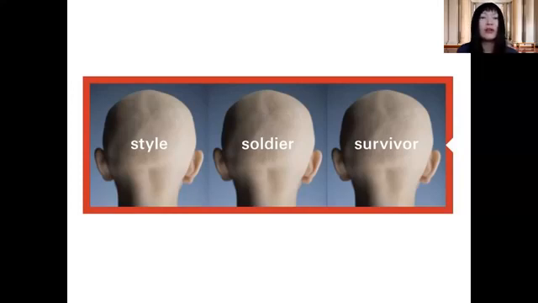For example, the first head could represent a style, a hairstyle or fashion style. The second could represent the image of a soldier, and the third head could represent the image of a survivor, for example, a survivor from a certain cancer.